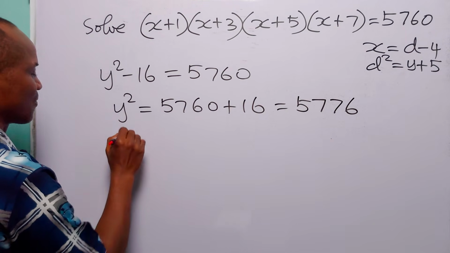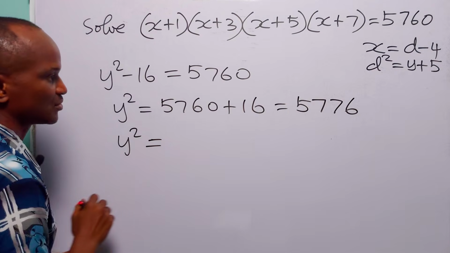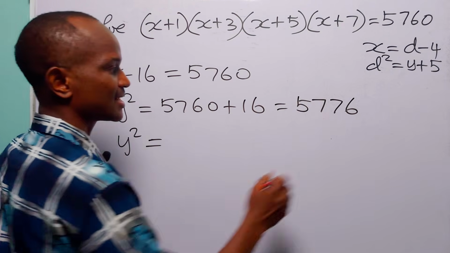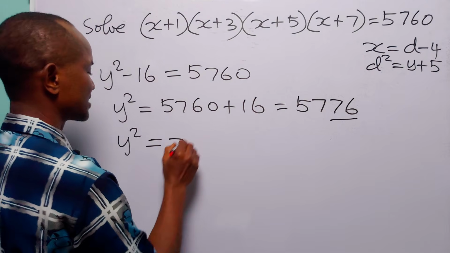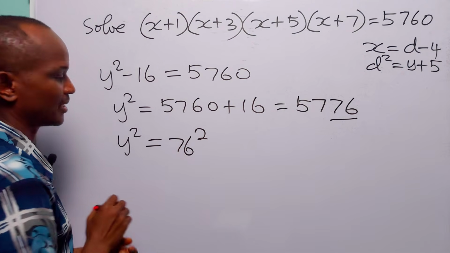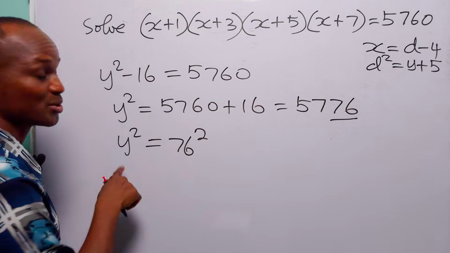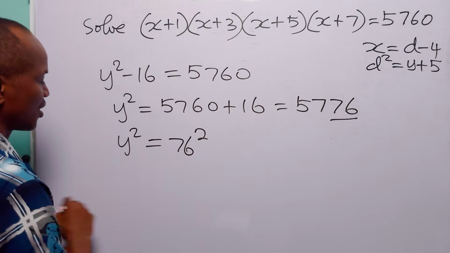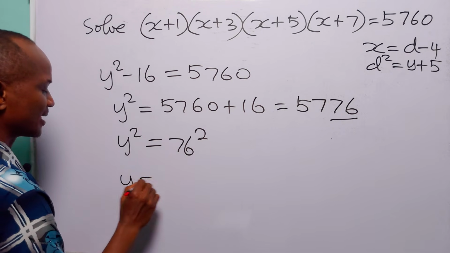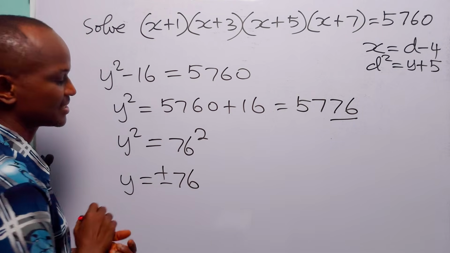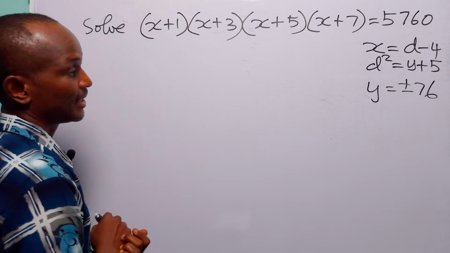Now we have that y squared is equal to 5,776, which is equal to 76 squared. Now to find the value of y, we take the square root of both sides of this equation. When we do that, we have that y is equal to plus or minus 76.